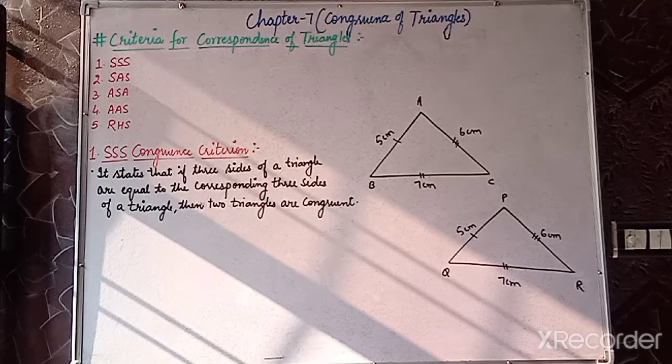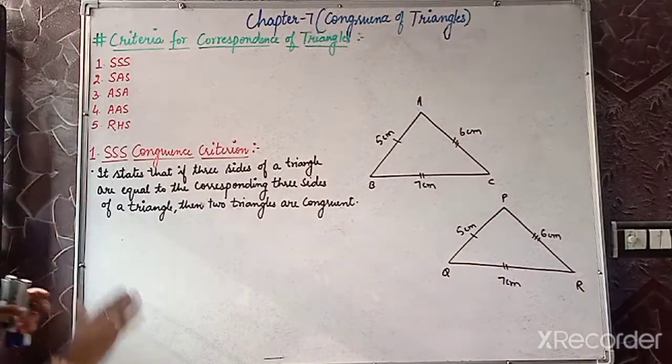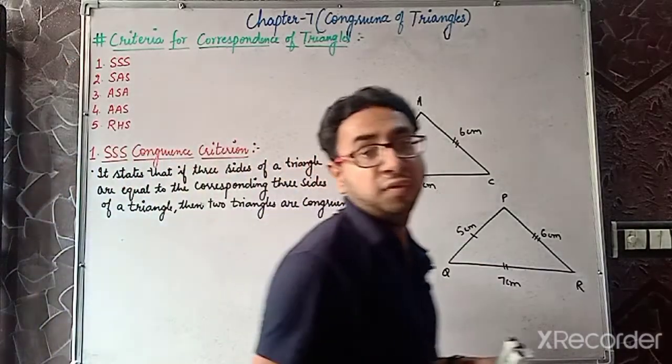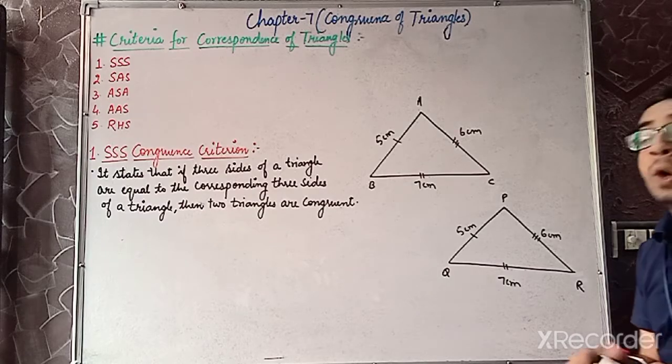I told you, we discussed that the congruence of a triangle depends upon two conditions, that is sides and angles. Taking these two into consideration, we have 5 criteria for the congruence of triangles. Based on these 5 criteria, we can say that two triangles are congruent.